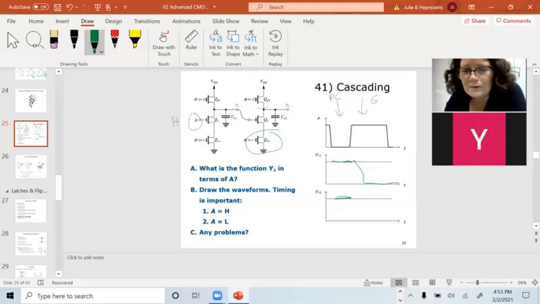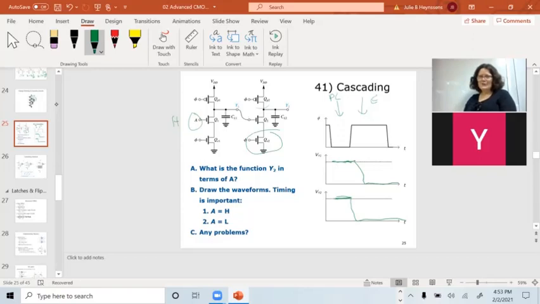It turned that transistor on and dragged the signal down anyways. This is bad. You don't want to cascade these circuits because that little bit of delay is enough to discharge that node. You have no way to charge it back up.